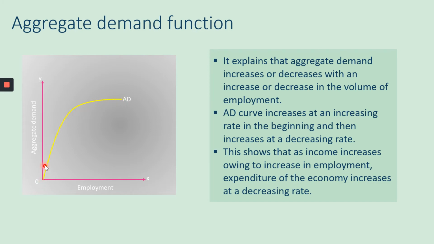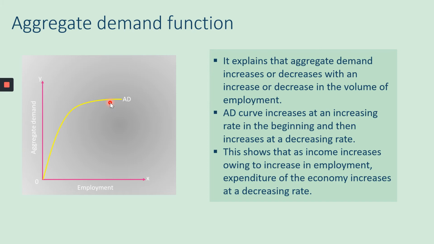Here it increased very steeply, but here what is happening? The AD curve is increasing at an increasing rate in the beginning, and then it is also increasing, but it is increasing at a decreasing rate. What do you mean by increasing at a decreasing rate? There is increase only. Initially it was increasing faster.